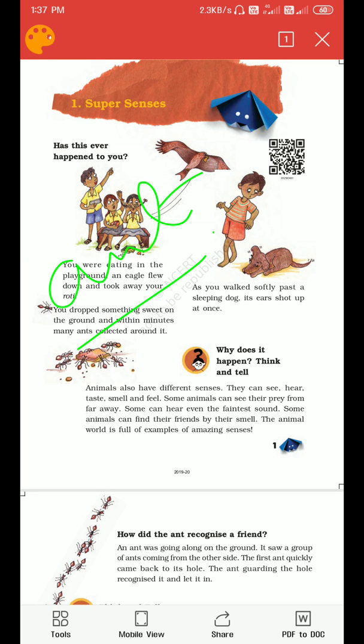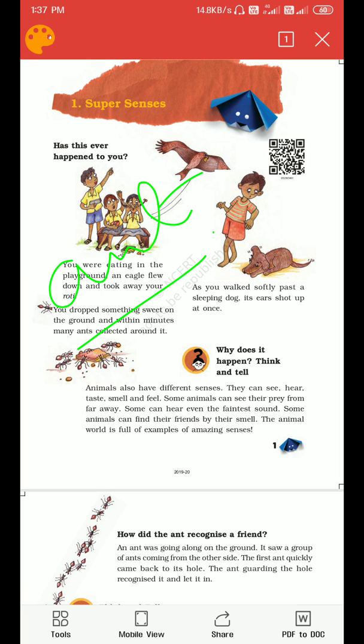ant. Okay, ant is a very common animal which you can see at any place in your home. When you eat any sweet material and it falls down, suppose you have dropped something sweet on the ground, and within a minute many ants collect around it. Okay, what is the reason behind that?